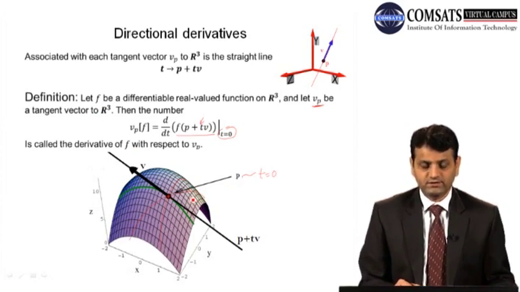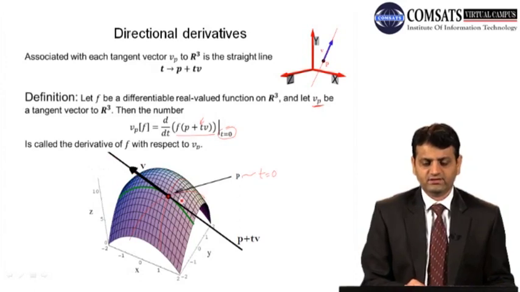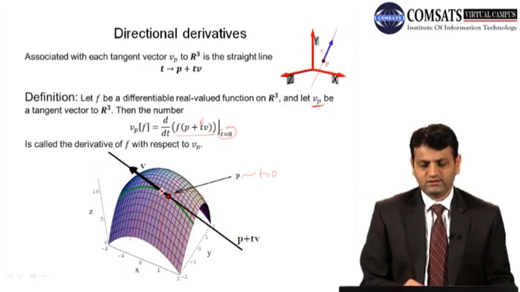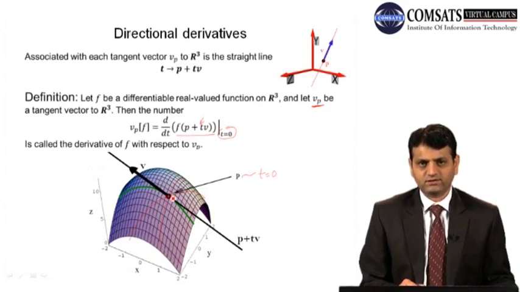It's going to be a surface in R3, and then you choose a direction given by this vector V at P, which is a vector with initial point P in the direction of vector V. There is a line corresponding to it, and a curve corresponding to this line on the surface. The directional derivative at point P in this direction means you are actually differentiating this curve at the point P, and this is the same derivative as we used to do in calculus of one variable.